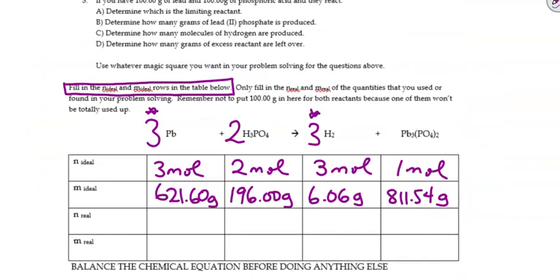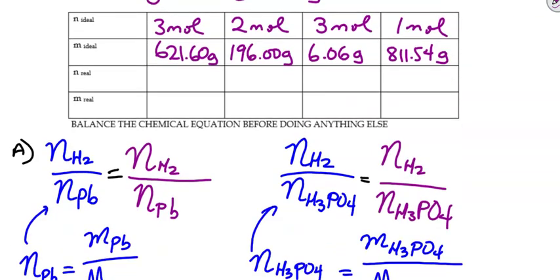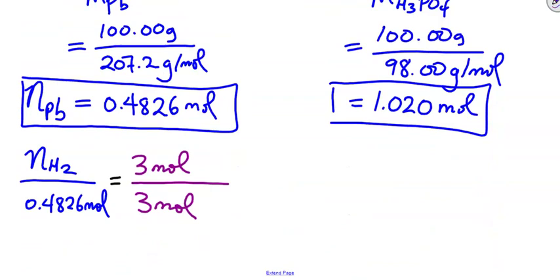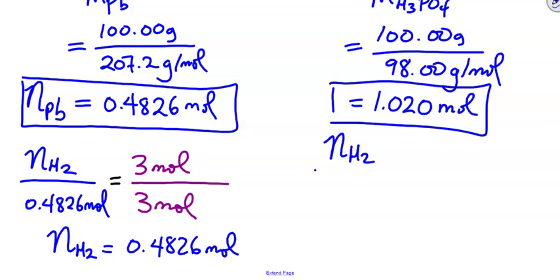So that tells us that with 100 grams of lead, we're going to get 0.4826 moles of hydrogen out the other end. Hydrogen is 3 moles.